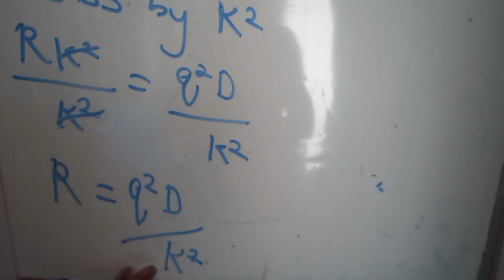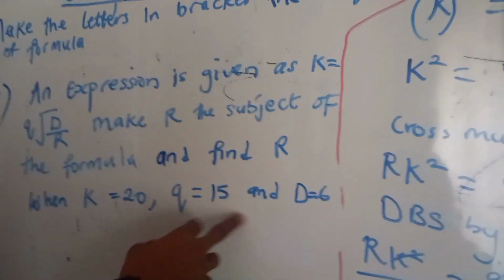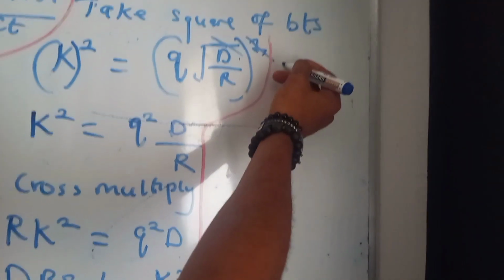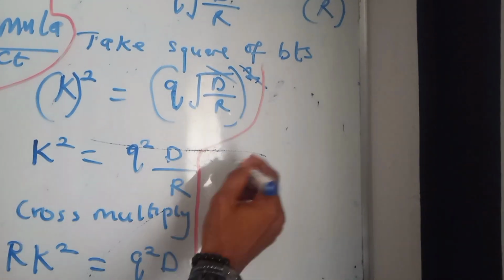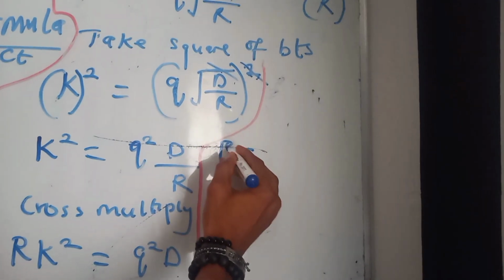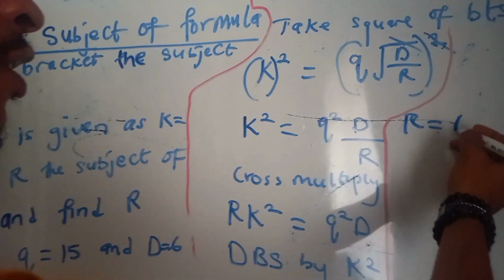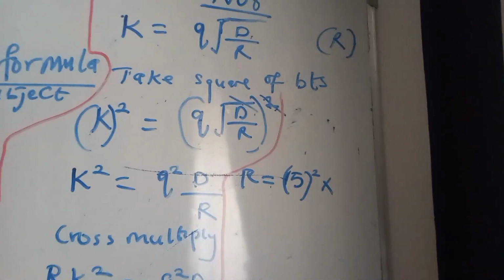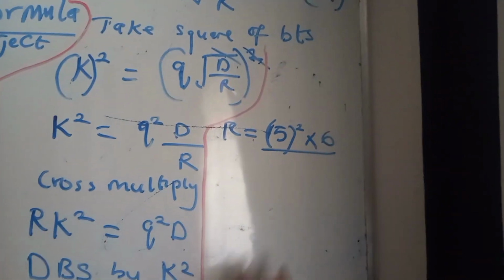So this is the equation we are going to use to substitute for k as 20, q as 15, and d as 6. So we can say r equals q square, which means 15 times 15, that is 15 raised to power 2, multiplied by d, which is 6, over k square.